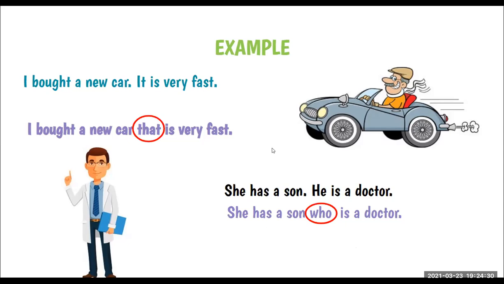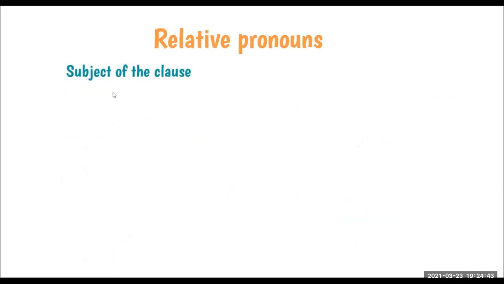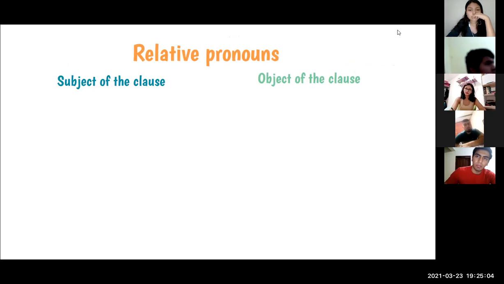So let's see some other things about these relative clauses. We have two kinds of relative pronouns. Okay? Relative pronouns can be the subject of the clause, or the relative pronouns can be the object of the clause. Do you remember what a subject is? What is the subject of the sentence? ¿Cómo podríamos definir el sujeto de una oración?